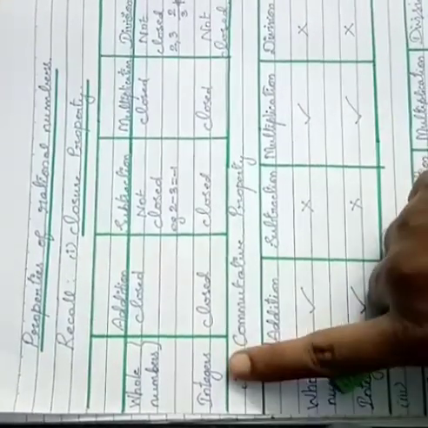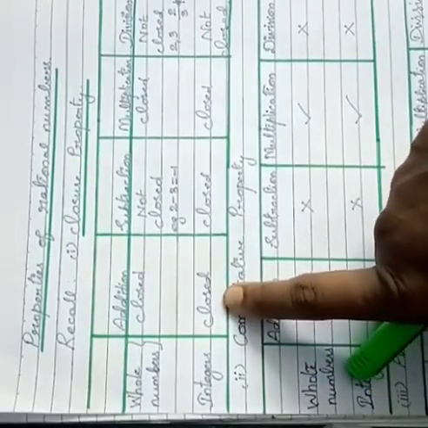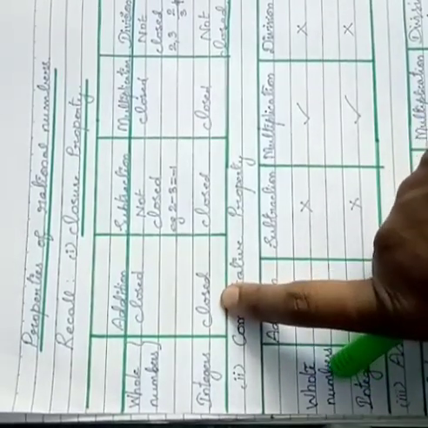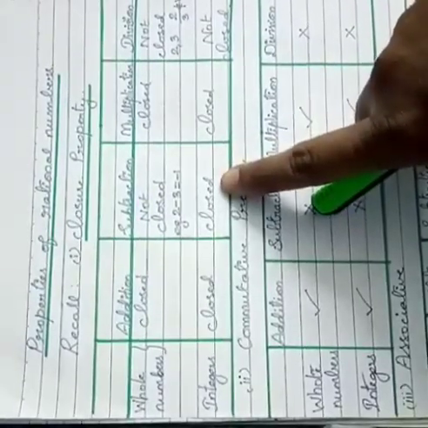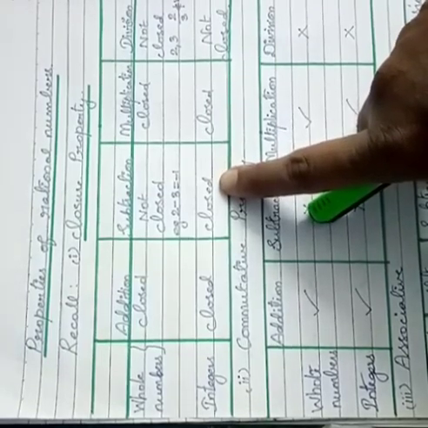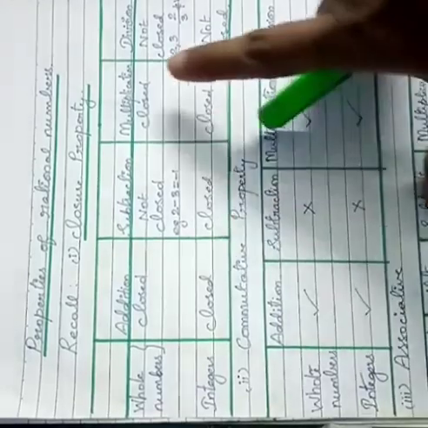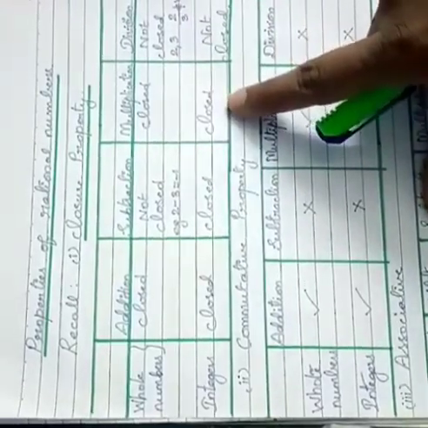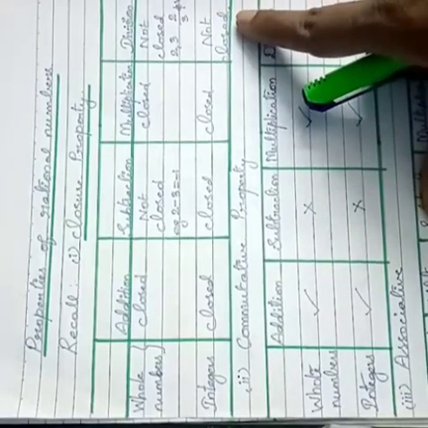So when we talk about integers, when we take any two integers and add, again what we get is an integer, so it is closed. When we take any two integers and subtract, the number we get is an integer, so it is closed under subtraction. It is also closed under multiplication. But what is the case when we consider division?